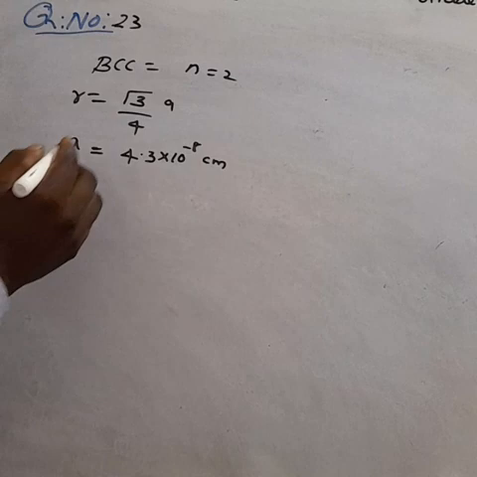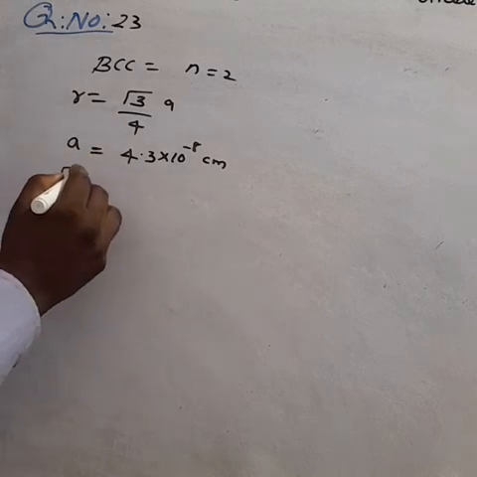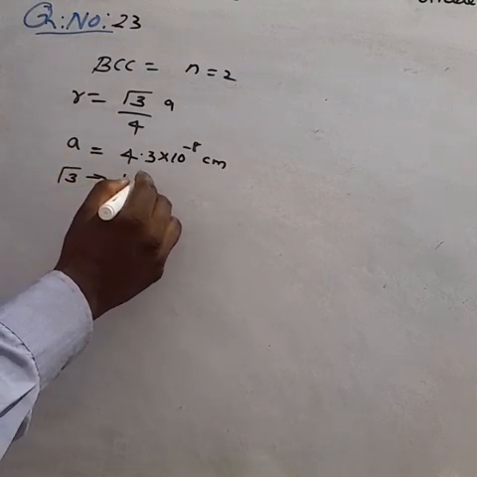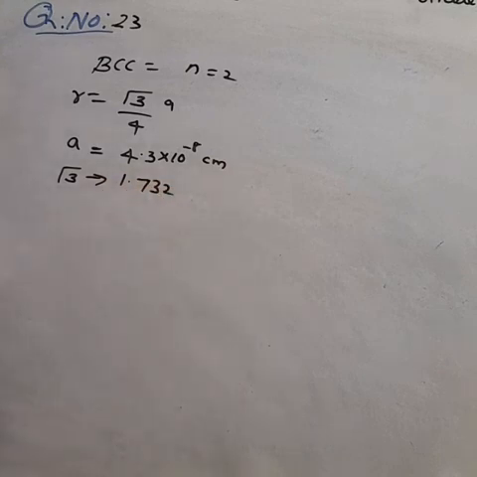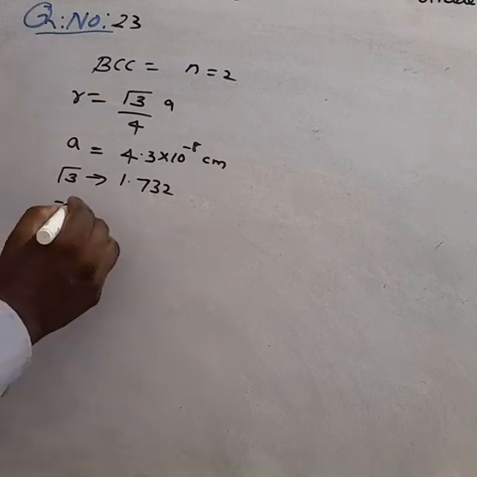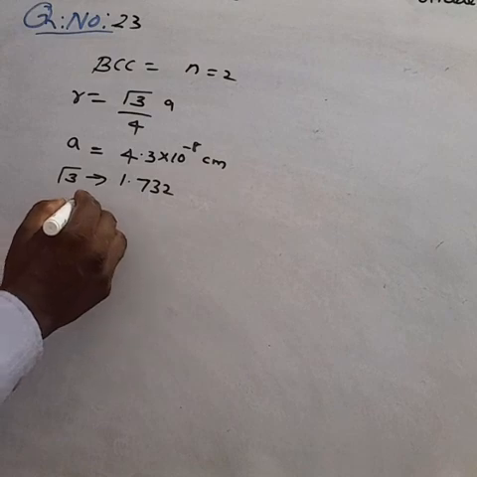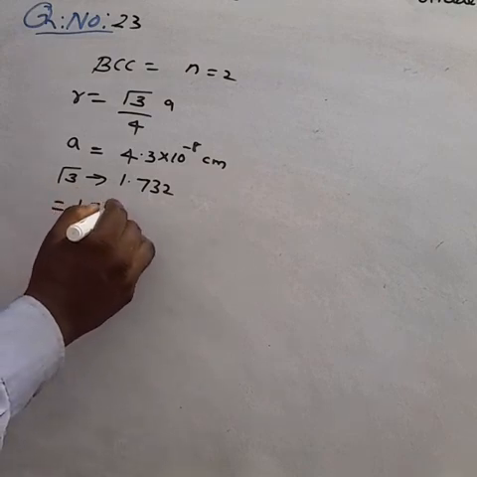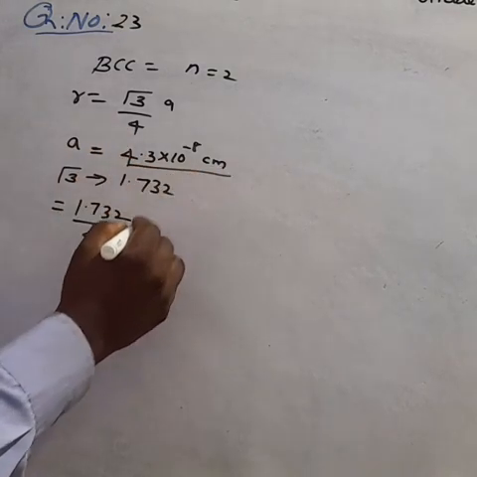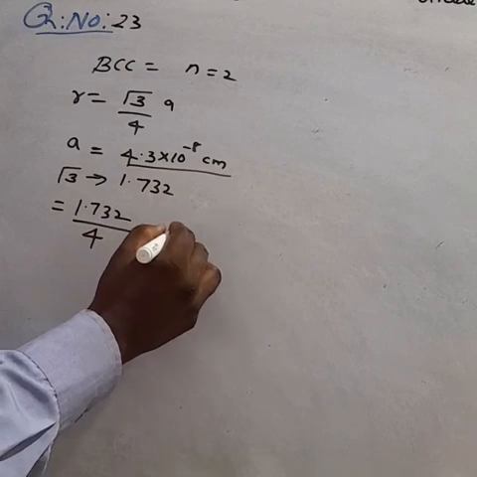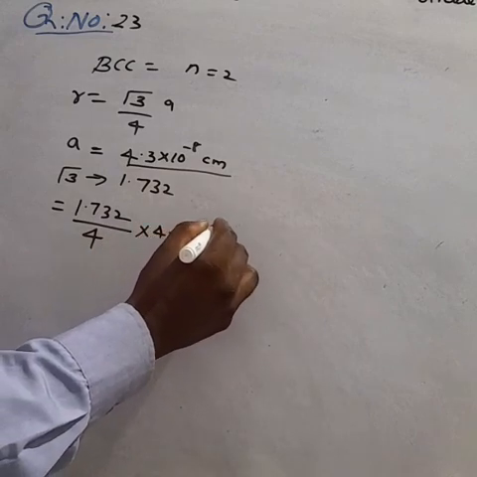Also try to learn the root 3 value. What is the value of root 3? 1.732. Substituting here, 1.732 divided by 4 into a value 4.3 into 10 raised to minus 8 centimeter.